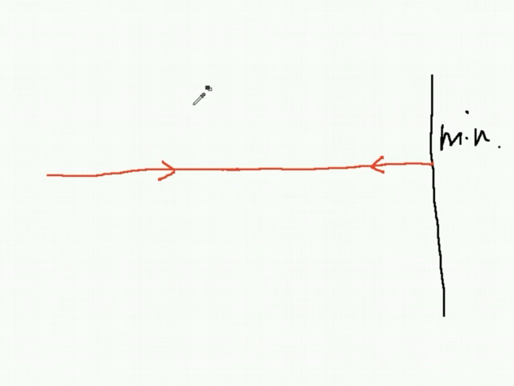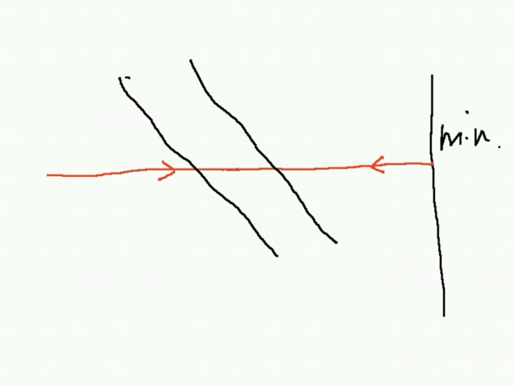So here's our beam splitter. The light from the beam splitter is not going to go straight through. It's going to be refracted according to Snell's law and follow a different trajectory, right?